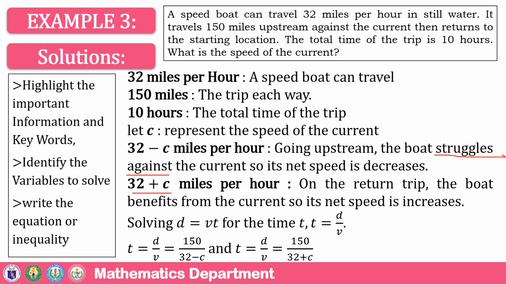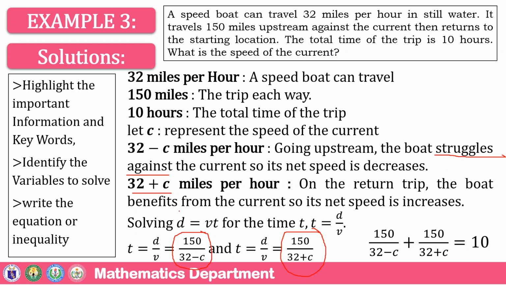Okay, so by this formula, pwede tayo makaform ngayon ng rational equation na gagamitin natin sa pagsosolve para makuha natin yung speed ng current. So that is, pagsasamahin lang po natin yung mga formula na nakuha natin. Pa-plus natin, equal siya to the total time of the travel.